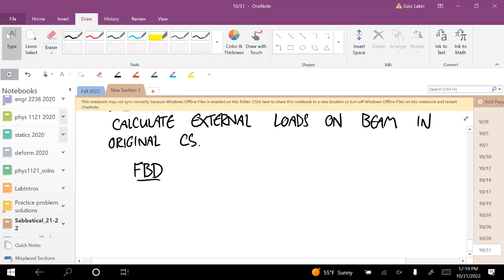Okay, so the free body diagram looks like this.